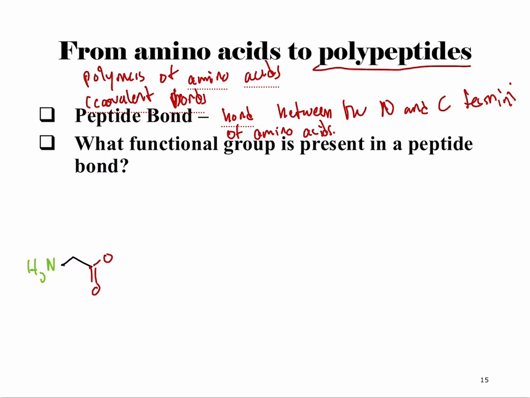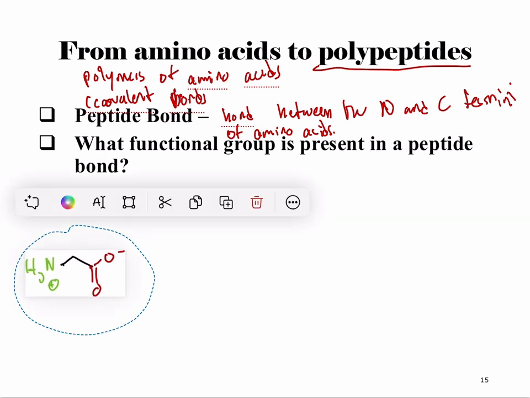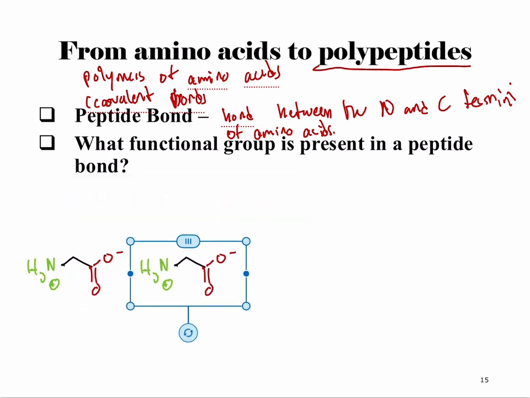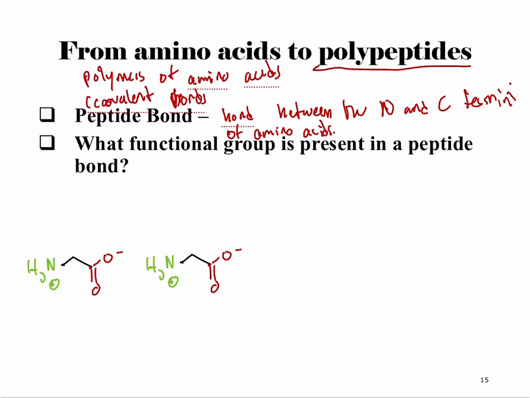Because the R group was the hydrogen here, and then we take another glycine and we duplicate this. This will then come together to form a polypeptide because the C terminal and the N terminal will then bond to each other. So we'll have an amide forming is what the functional group is going to be.